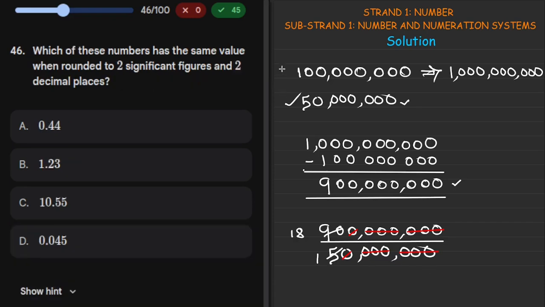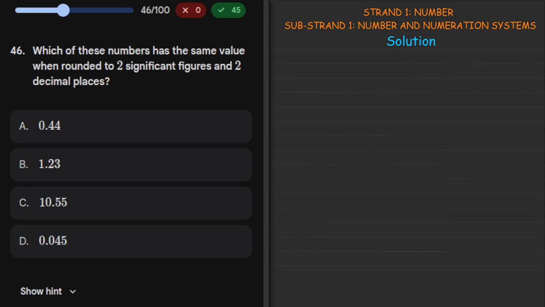Question number 46. Now 46 says, which of these numbers has the same value when rounded to two significant figures and two decimal places? So we are taking the numbers, and what we want to do is round to two decimal places and also round to two significant figures. Our first number is 0.44.